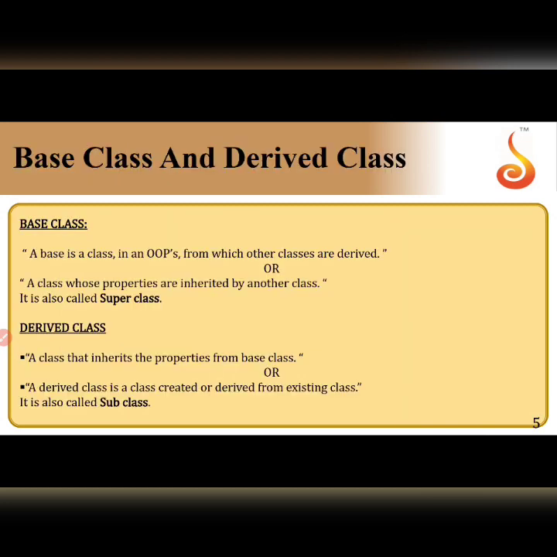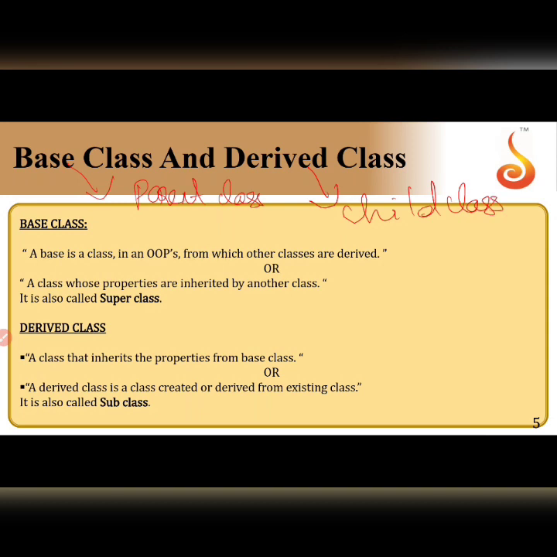Next, the very important classes in inheritance are the base class and the derived class. So what is the base class? The base class is also called the parent class, and the derived class is also called the child class.